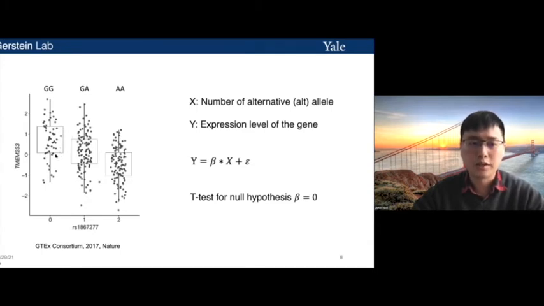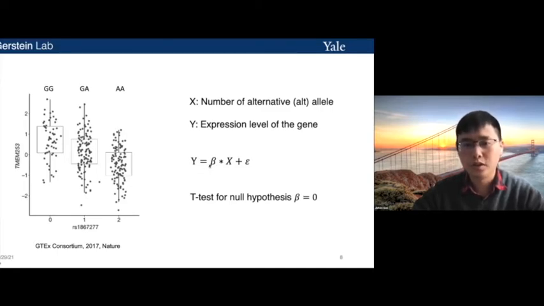If this person has the genotype where both haplotypes have G, then you denote it as 0 on the x-axis. Similarly, if it has both A, then you denote it as 2. The y-axis is just the expression level of a certain gene, for example, in this figure, TMEM253. After you have all the genotypes and the gene expression from all the individuals, you could simply do a linear regression on this. So here, y equals beta times x.